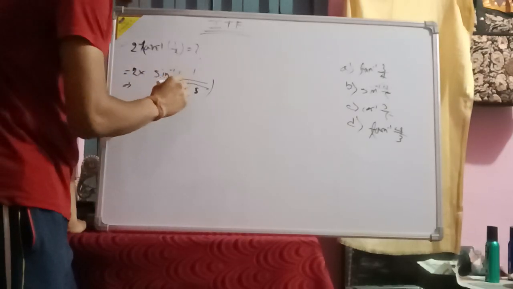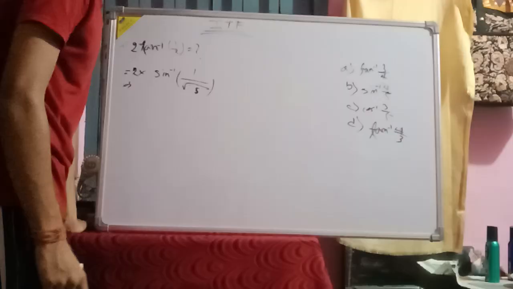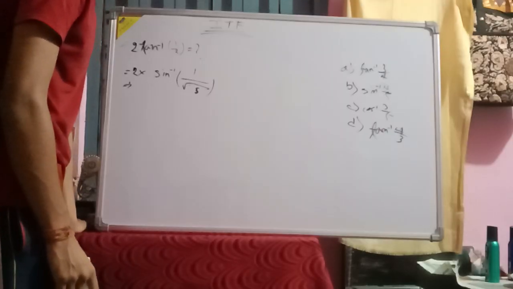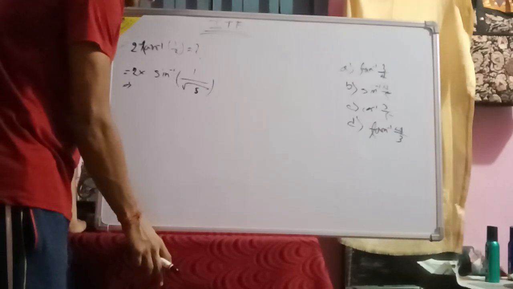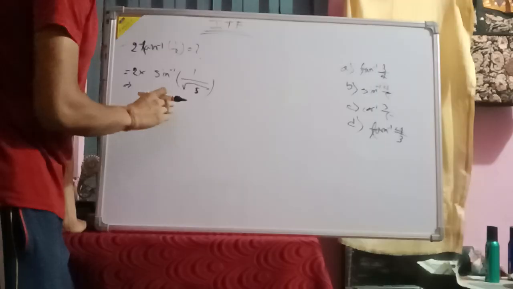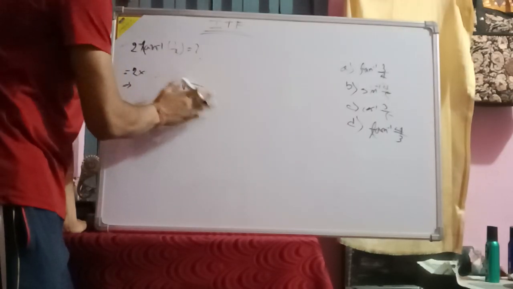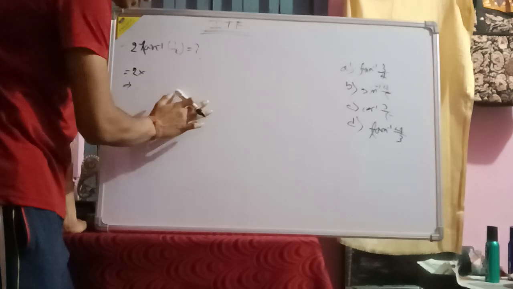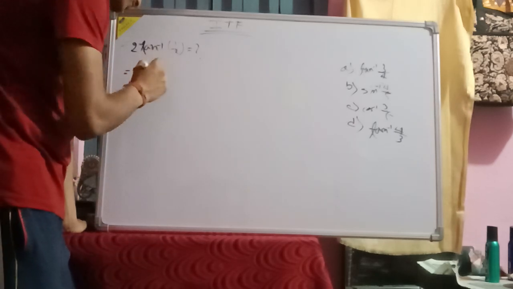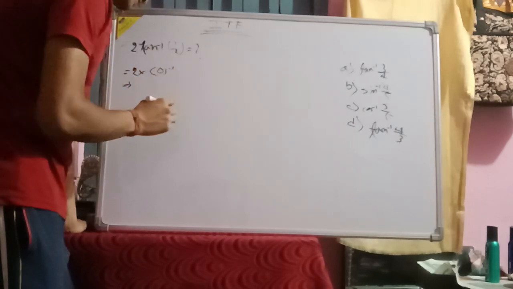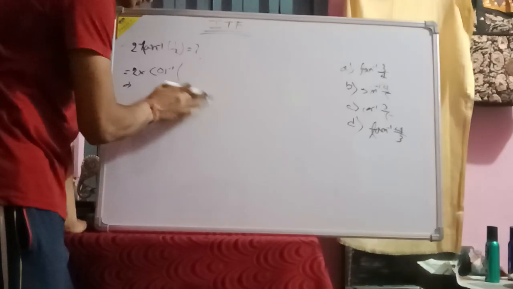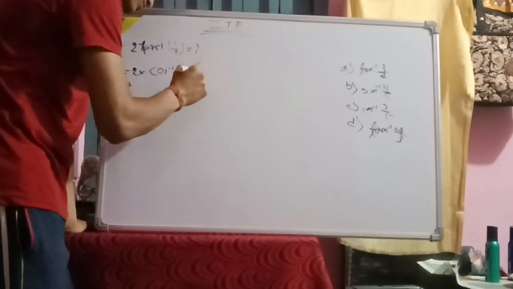Now sine inverse of 1 by root 5, I still don't know that. So I can maybe try changing this into cos. How do you think this is going to look in cos? In the cos, this should become cos inverse of 2 over root 5.